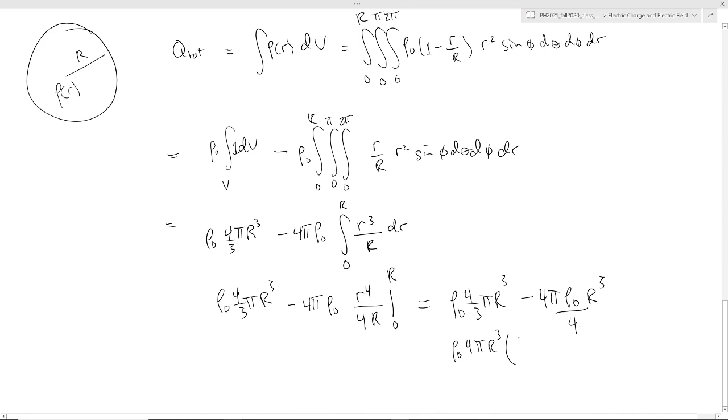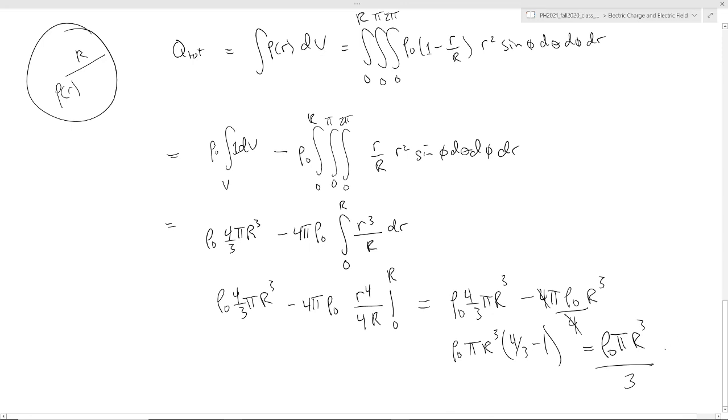Simplifying this here. We'll just leave the numerical factor, 4/3 minus 1. So this becomes rho naught pi R cubed over 3.